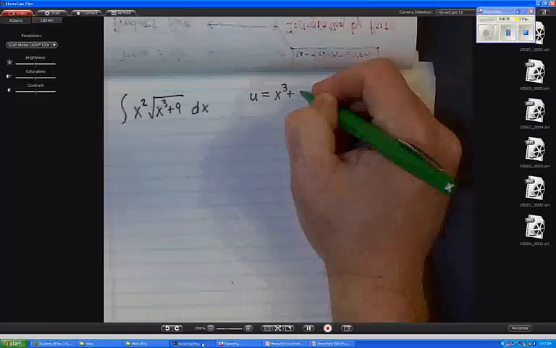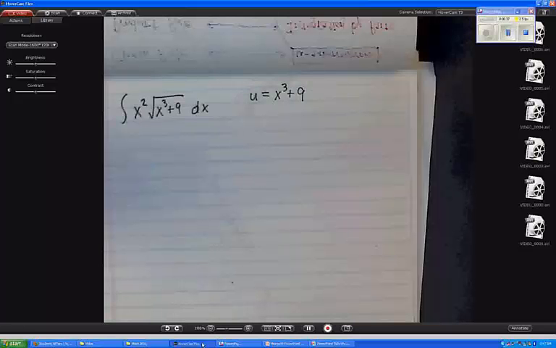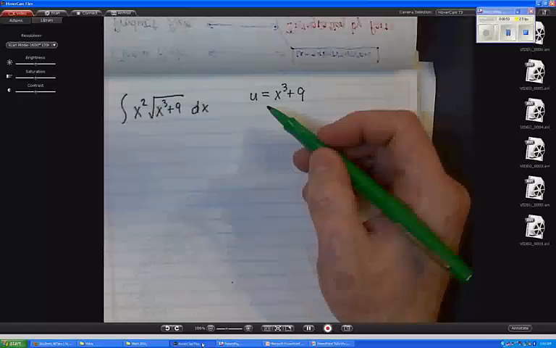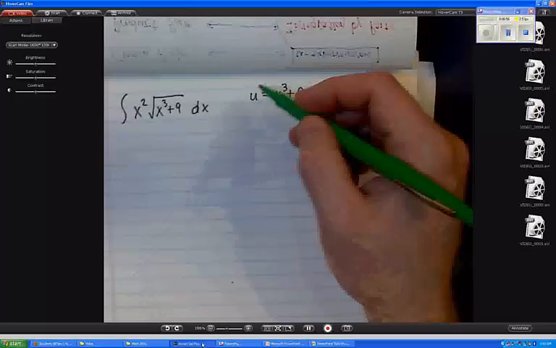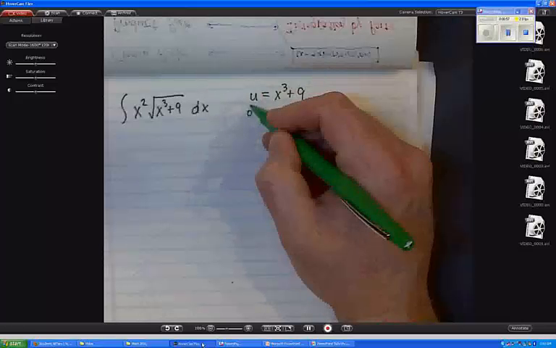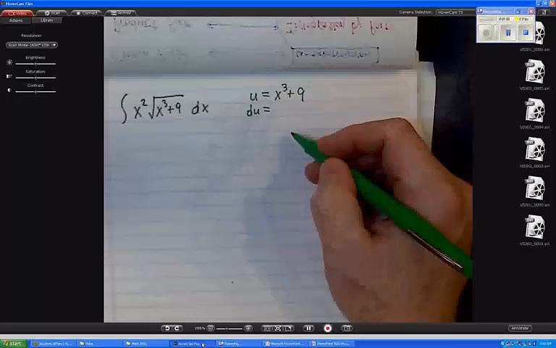And I'll be honest with you, part of the game in section 5 is, what do you let u equal? And what you do is, you try it. If it doesn't work, you try something else. That's part of the game. You learn by experience. Anytime that I compute u, you know what my next step is? Compute what? du. So what does du equal?